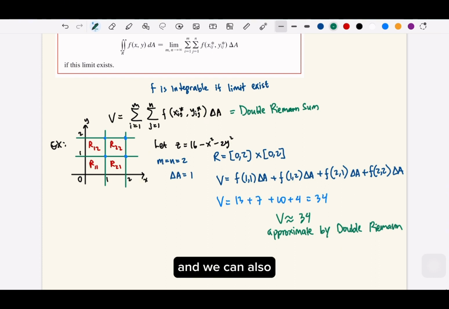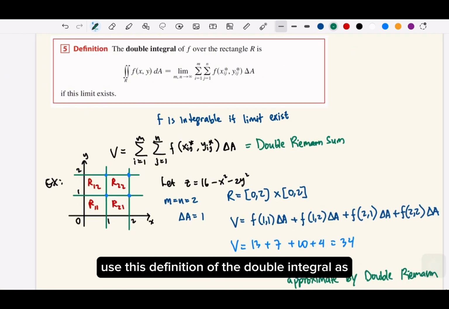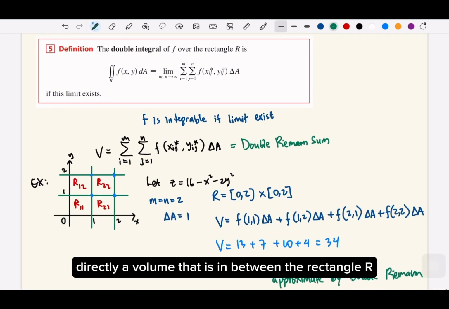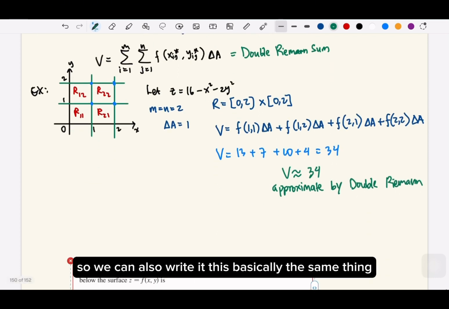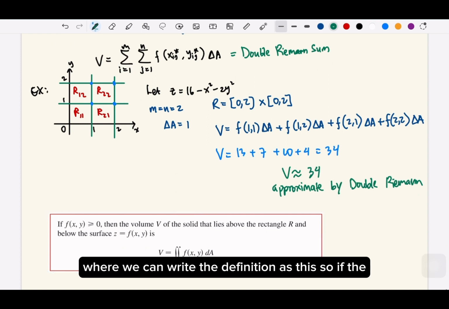And we can also use this definition of the double integral directly as a volume that is in between the rectangle R and below the surface Z. So we can also write this. This is basically the same thing, but we can write the definition as this.